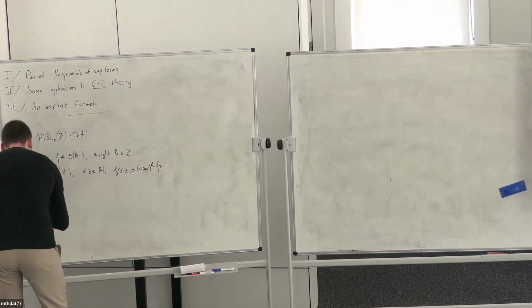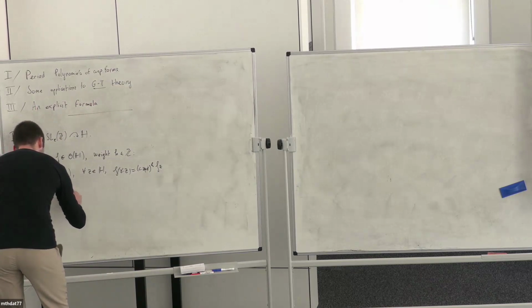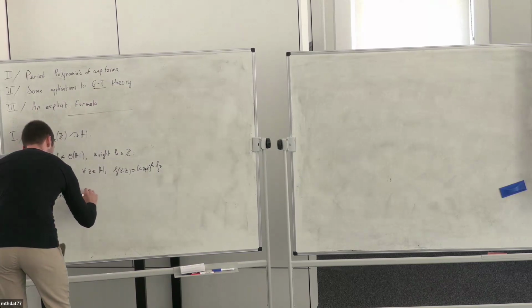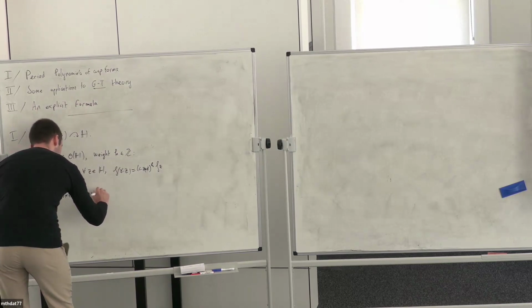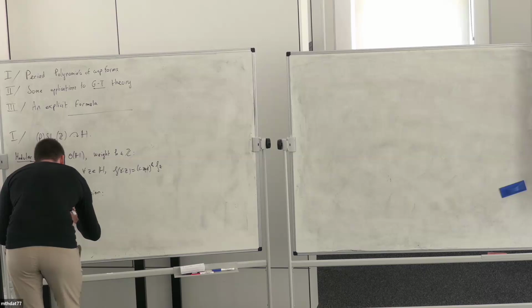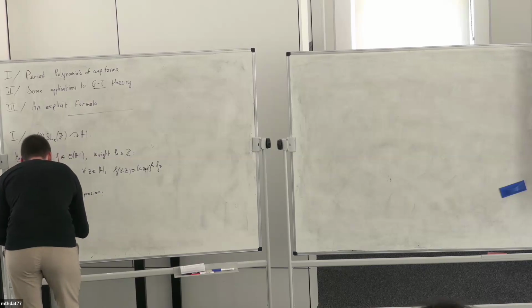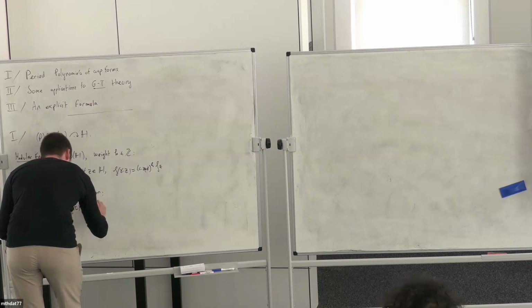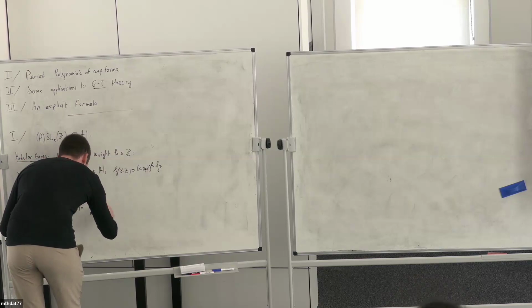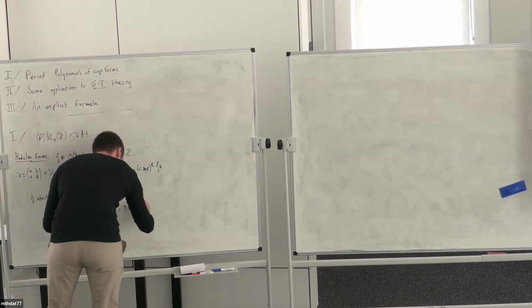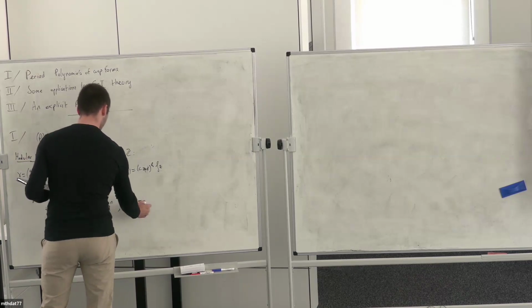And we also ask f to admit a Fourier expansion at 0, so f of tau, for all tau, can be expressed as the sum of a_n q to the n, where q is the exponential of 2 pi i tau.